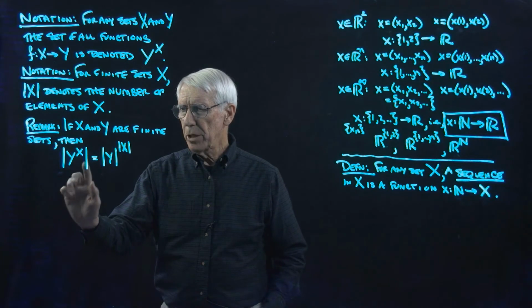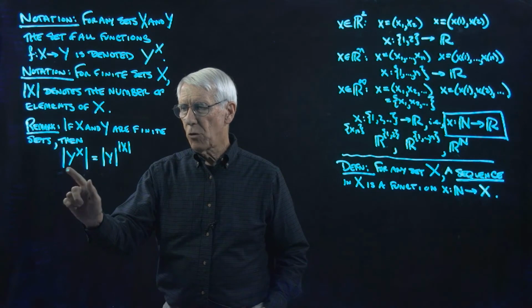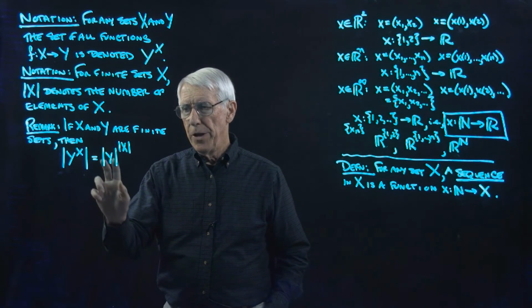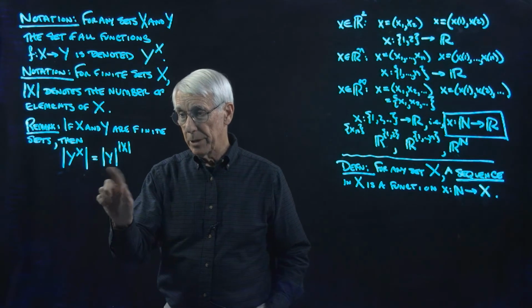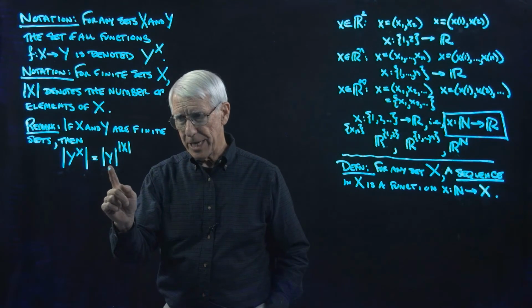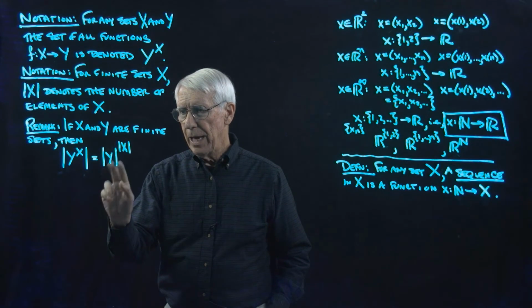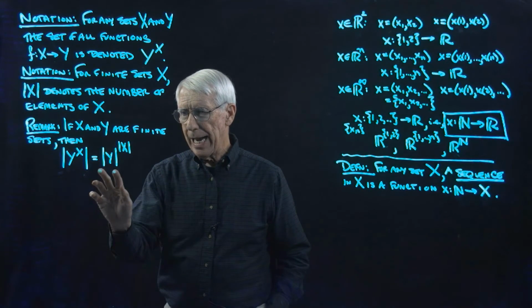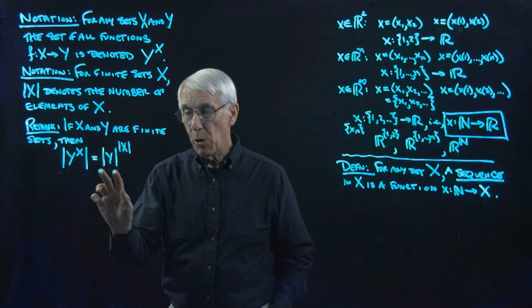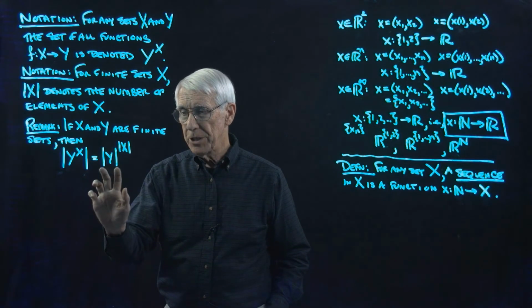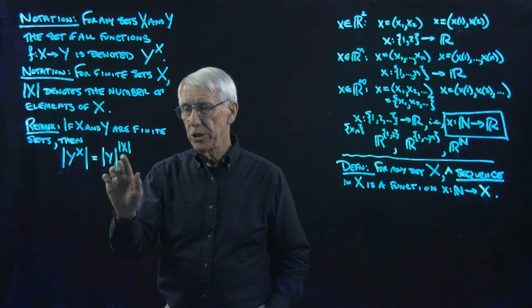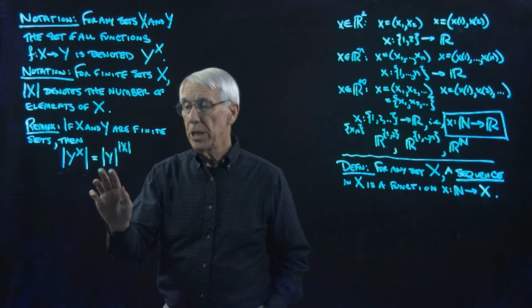So the number of functions from X to Y is the number of elements. So this is a number. The number, that's a set. This is a number. It's the number of elements in the set Y raised to the power. So here it really is a power. This is an integer, that's an integer, natural numbers, raised to this power.